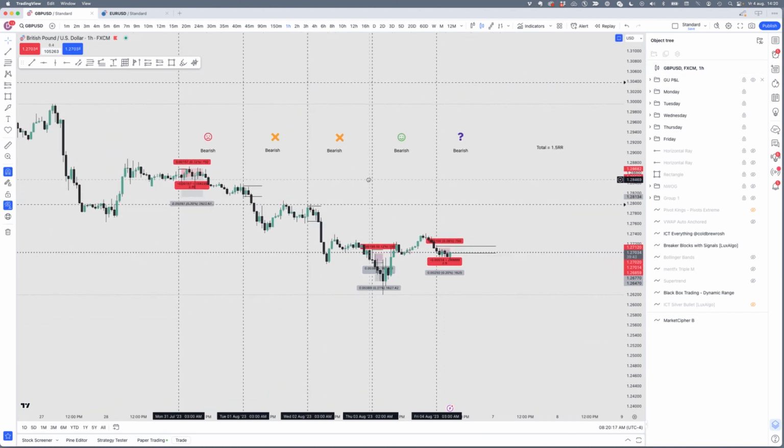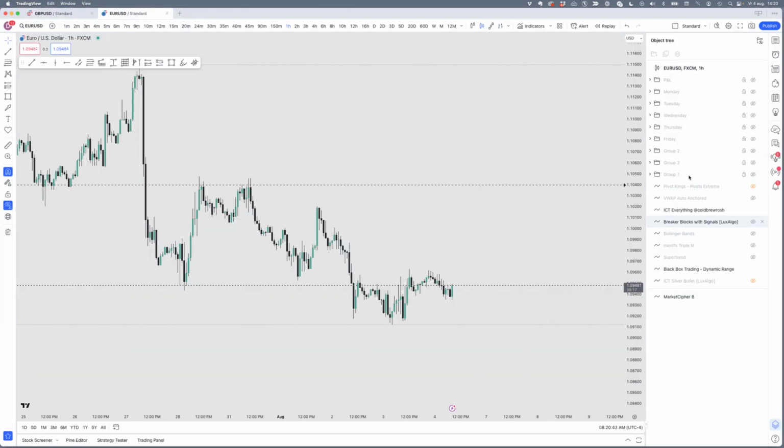So we had a loss, we had no trade, we had a win, and today is NFP, and you shouldn't be trading that. So we had one win, one loss, that makes a total of 1.5 RR. This whole week had a bearish bias. So that's also a nice one to compare with Euro USD. So we'll have a look at this pair right now.